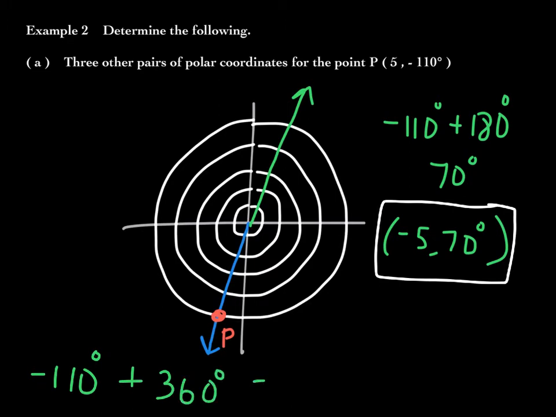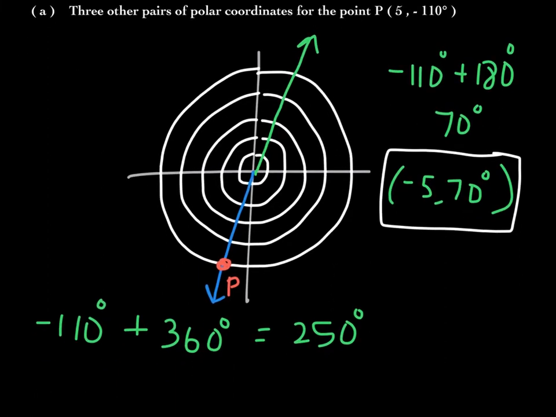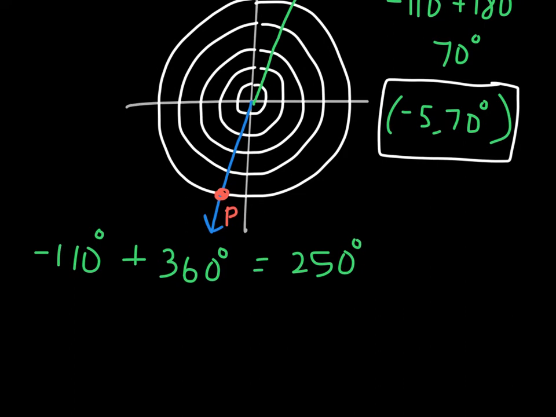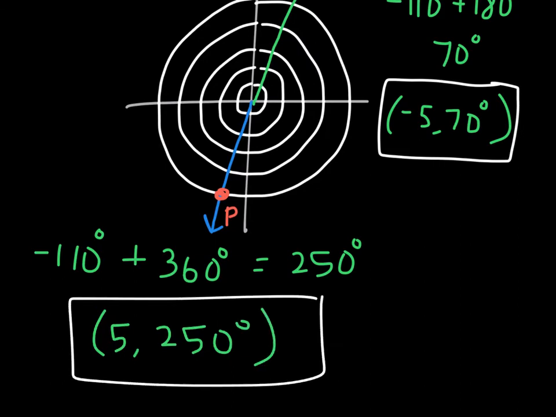What would that give me? 250 degrees, wouldn't it? So that would still be this angle here. So it'd be coterminal, and then still 5 units out. So then another option would be 5 comma 250 degrees. That would be another option to get to this point. 250 degrees and then 5 units out. Okay?